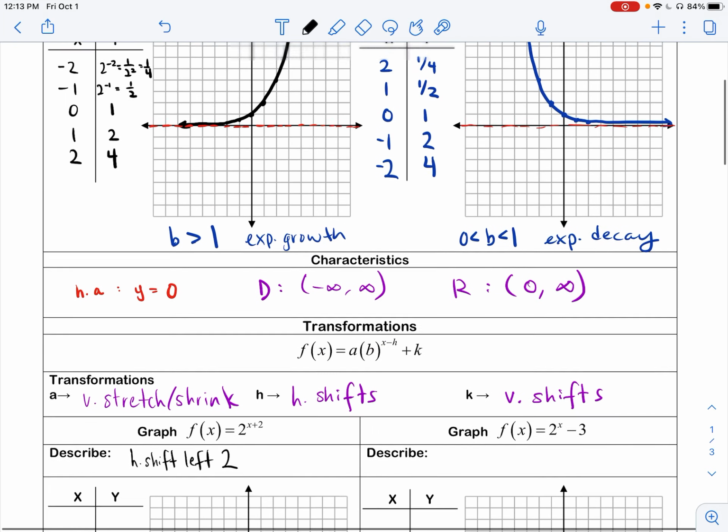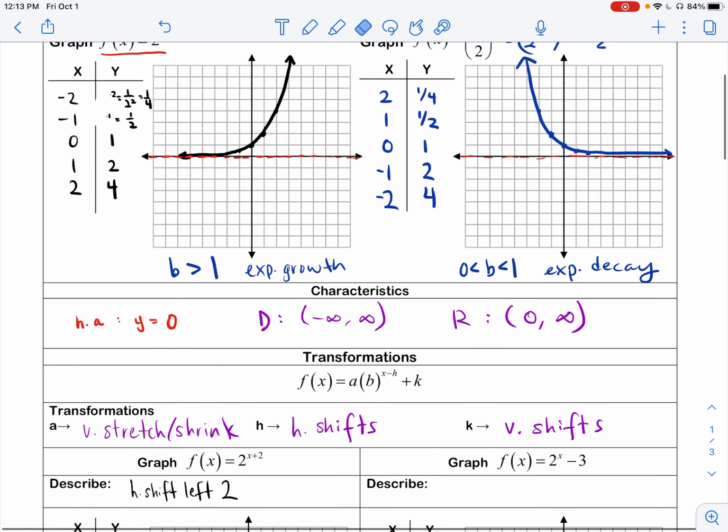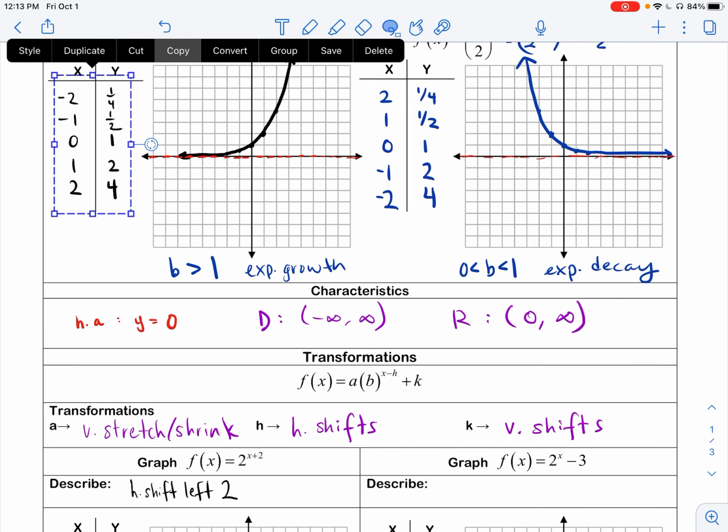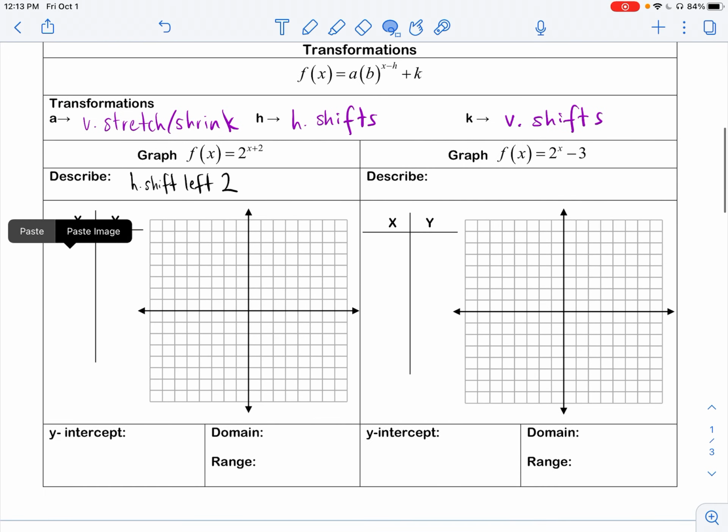We know that when we're adding to our argument, we're actually shifting to the left 2 units. Let me go back and copy and paste these values, because I'm going to use them again: 1/4, 1/2.